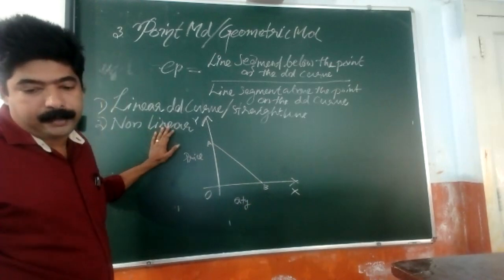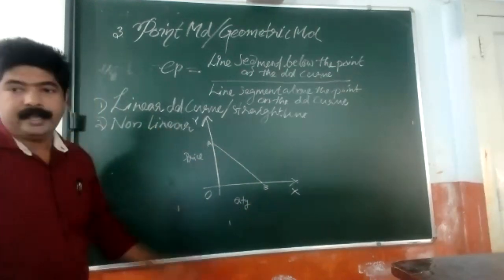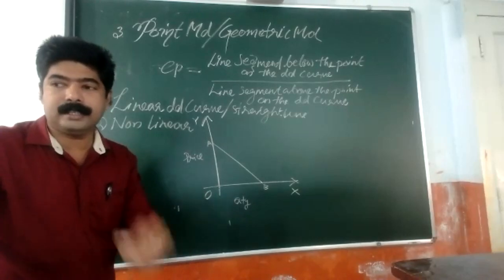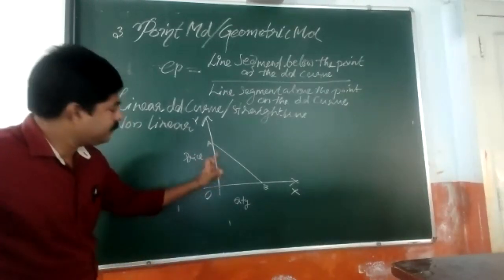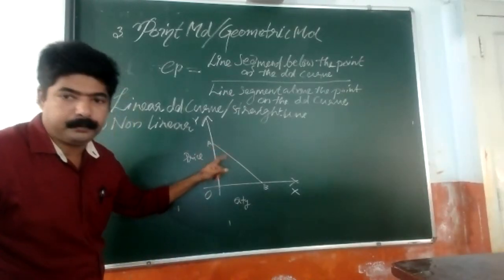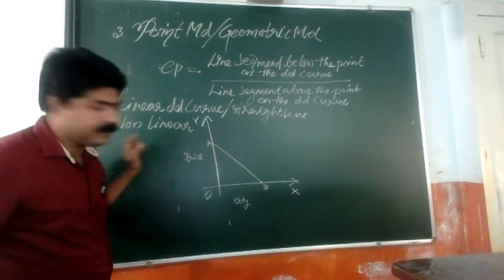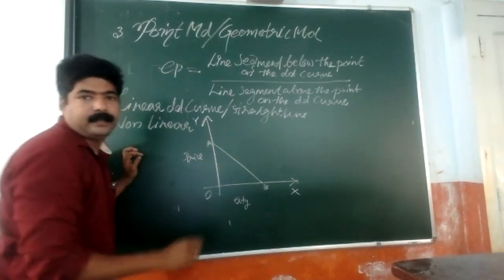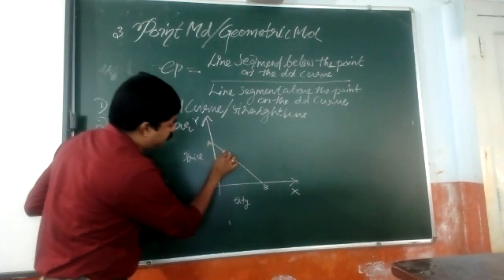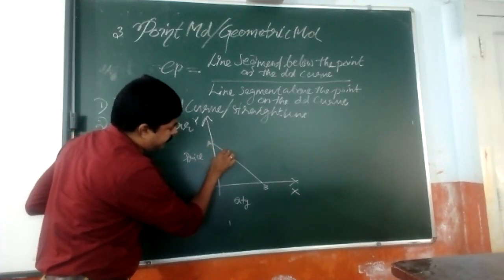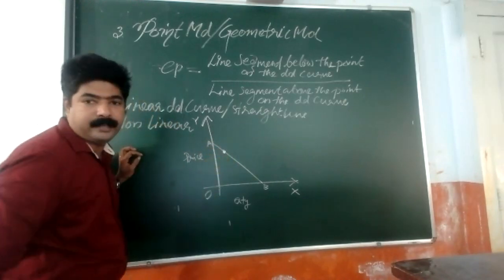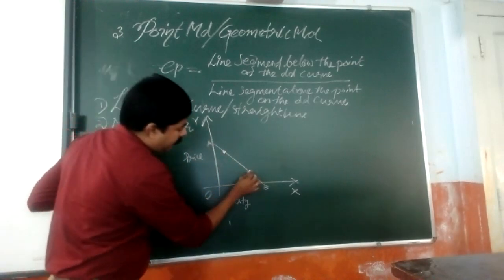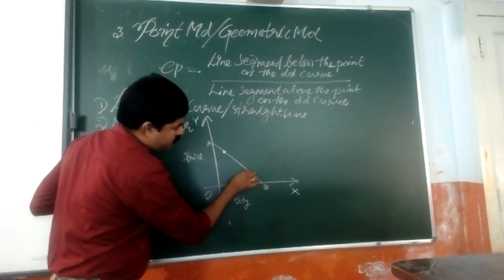Now, straight line demand curve, as I told you, any point on the demand curve, you can put any point on this particular demand curve. If suppose I put a point on this demand curve here, look, there is a point. One more point I am using here, two points.